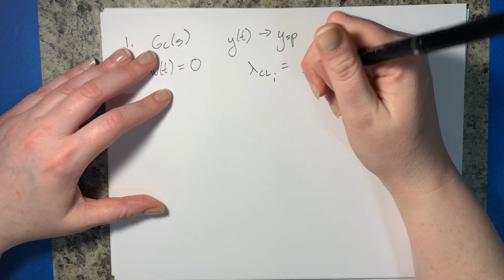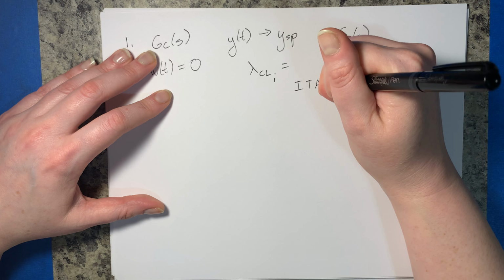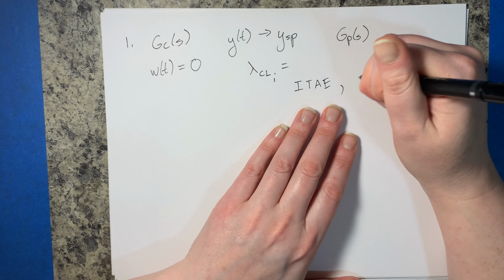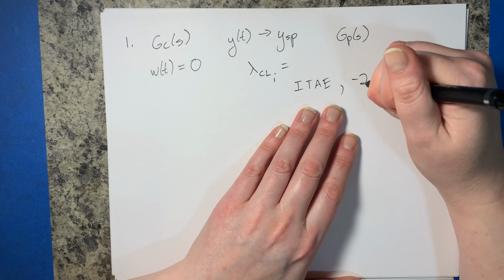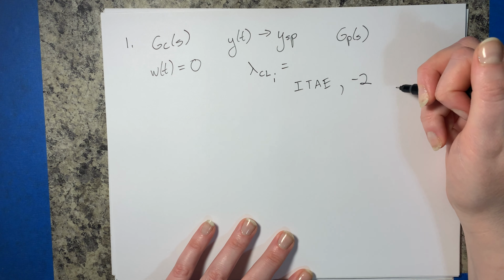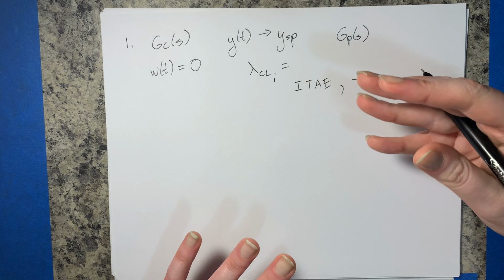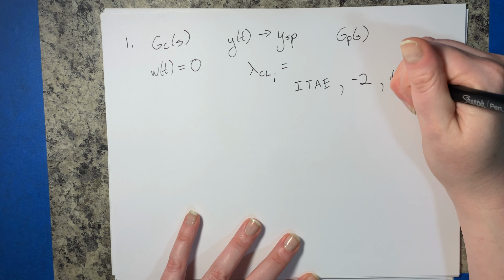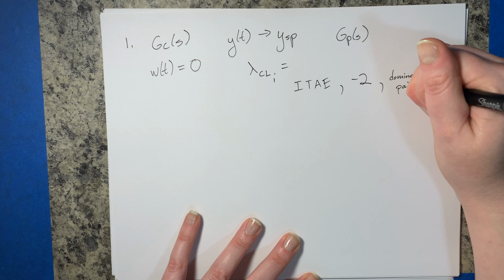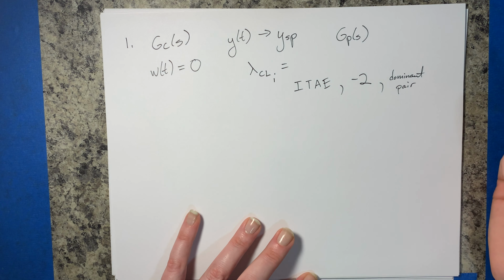You could have had a case like ITAE. For our actual homework, we set them at a set value. We used -2, but anything like that; if we have a system of order 2 or greater, we could also use the dominant pair, which is really just a subset of direct root assignment.